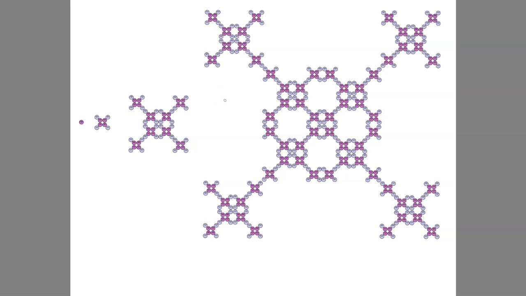Base 6 again, for example. In base 6, we grouped them in a somewhat different way here, and they have different colors, but it doesn't matter. So in base 6, again this is 1, 10, 100, 1000. And in base 6 we only use the digits 0, 1, 2, 3, 4, 5.